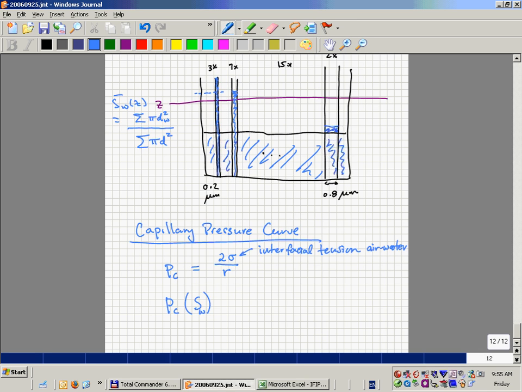If we pick a particular capillary size, we know its capillary pressure, PC, and we know what percentage of all of the capillaries are full of water. So we get this relationship between capillary pressure, which is the air pressure in this case minus the water pressure at this particular point.